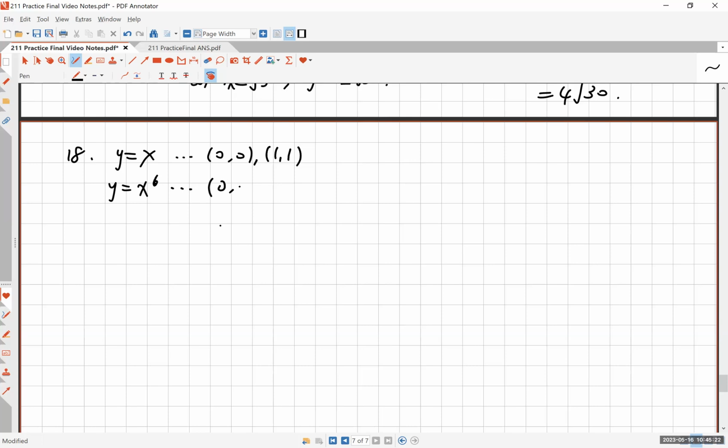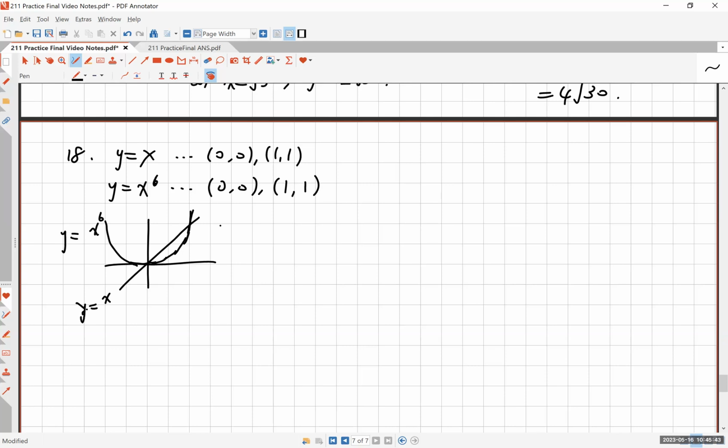This one also goes through 0, 0, and what is 1 to the 6th power? That's 1. The difference is one is a straight line, and one is going to be a very much curved function like this. So this is x to the 6th, and of course, this is x.